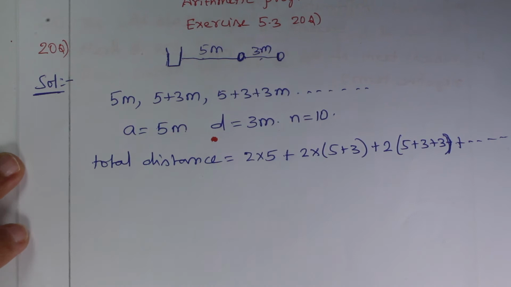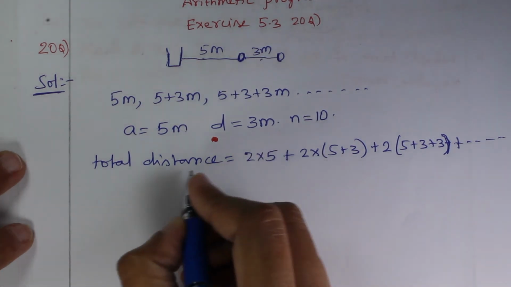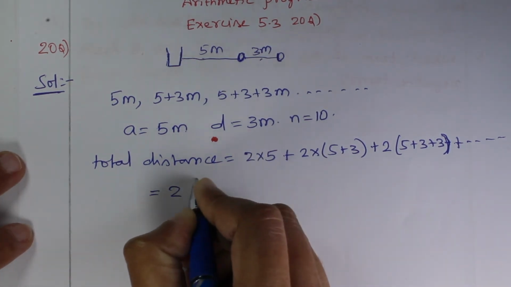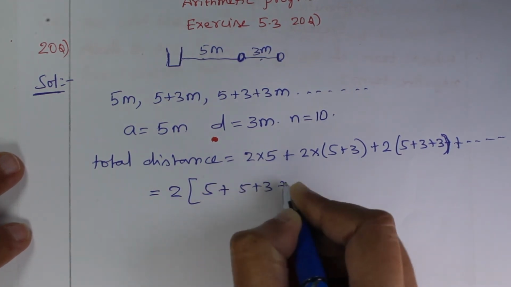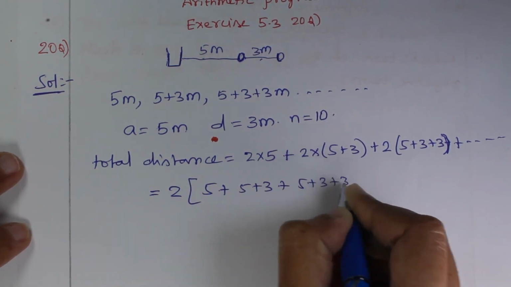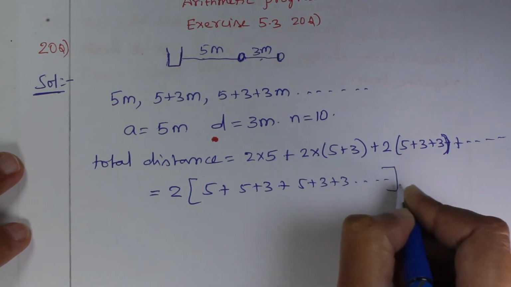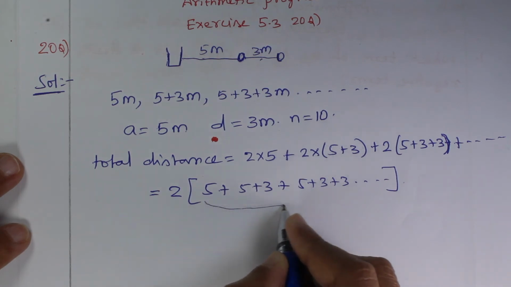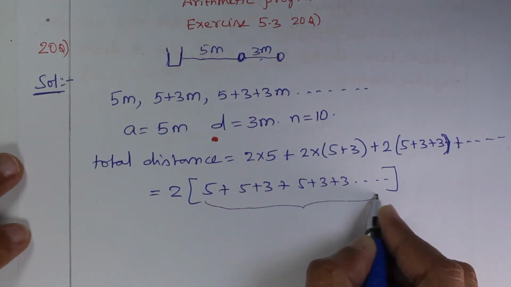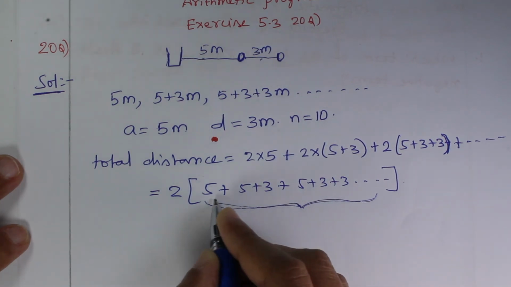Now this looks like the sum of an arithmetic progression series. If we take 2 common, 2 into 5 plus 5 plus 3 plus 5 plus 3 plus 3 and so on till 10 potatoes. So this is the sum of the distances travelled for 10 potatoes, that is S10.